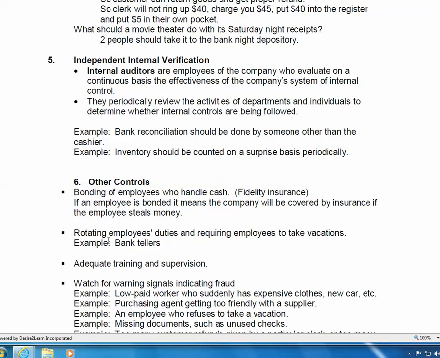So say you had one person working in the cashier's office at a company and another person working in accounts receivable, recording money coming in from customers. What if those two people got to be really friendly? And over the years they decided, hey, if we get together, we could rip off the company. So I'll steal money.